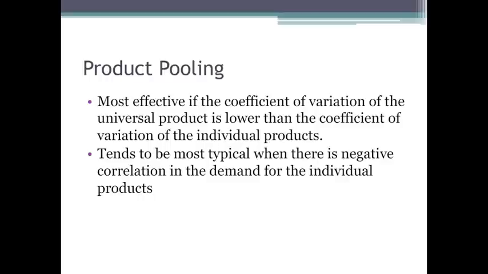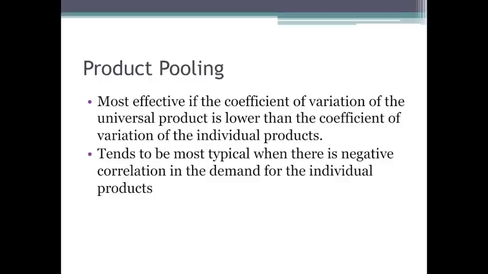If that occurs, then we will get a lot of savings from product pooling. If there's positive correlation, in other words, the more sales of one that we have, the more sales of the other we get, then that makes product pooling less effective. So, what we want with product pooling is, ideally, negative correlation between the sales of the two, where if more is sold of one, less is sold of the other.